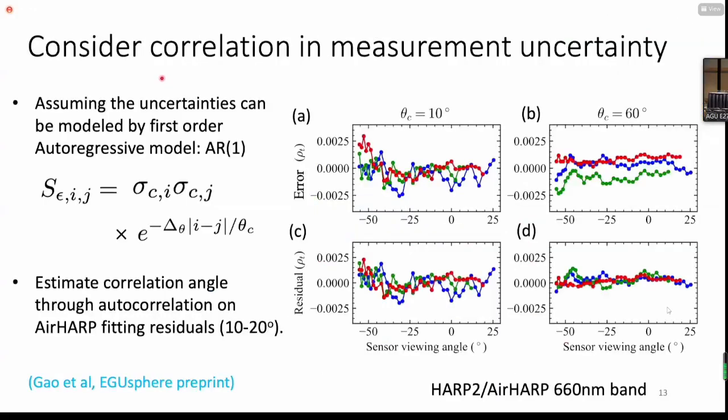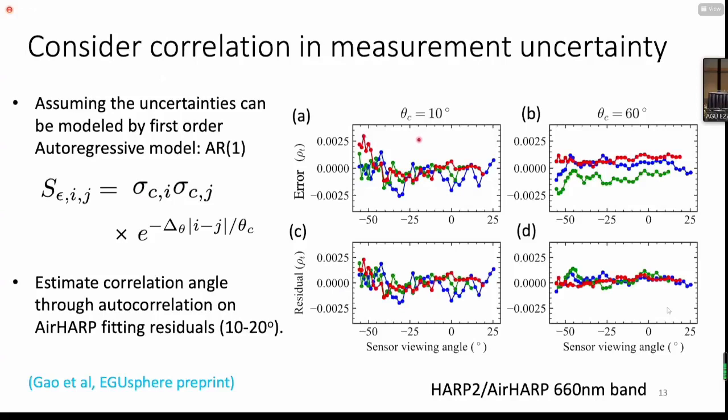So we made a few attempts to understand how the angular correlation impacts the measurement. We assume that the non-diagonal terms of our covariance matrix can be represented in this way. And here we introduce a parameter called the correlation angle. Based on this, we can also generate synthetic errors with different values of correlation angle.